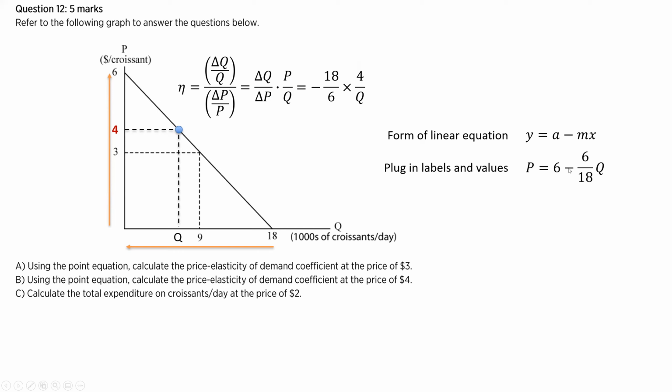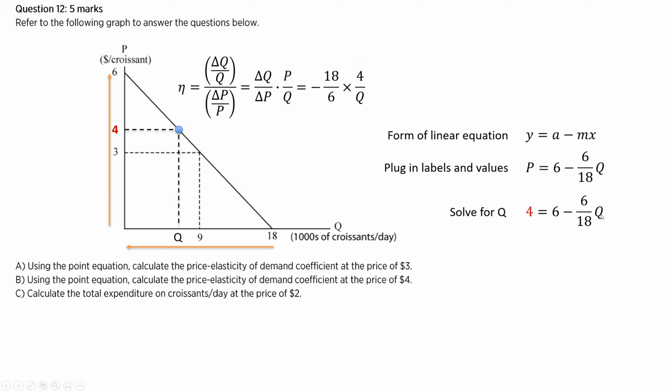So that's 6 minus the slope. Now the slope is rise 6 over run 18. 6 over 18 multiplied by the quantity. Now we just solve for Q. We want to find out what Q would be if the price were 4.